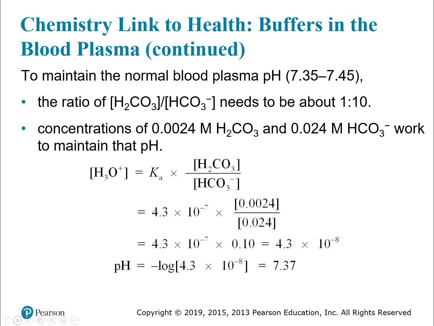The ratio of weak acid to conjugate base needs to be about 1 to 10, and that maintains your normal pH of about 7.4.